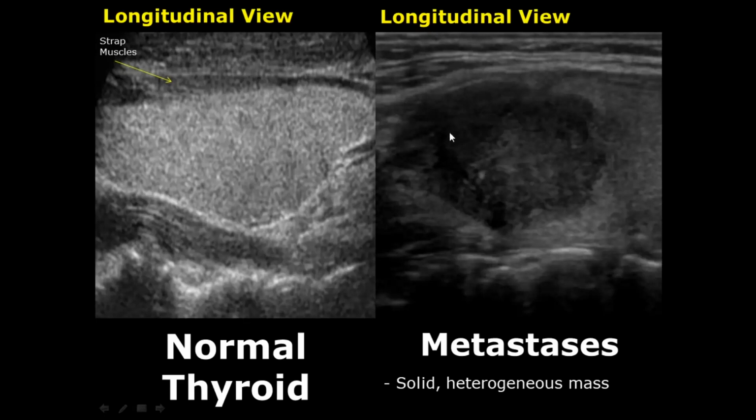Metastasis to the thyroid can have variable appearances based on the type of primary cancer. Usually they are solid heterogeneous masses inside the thyroid.